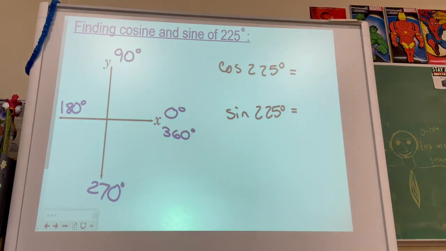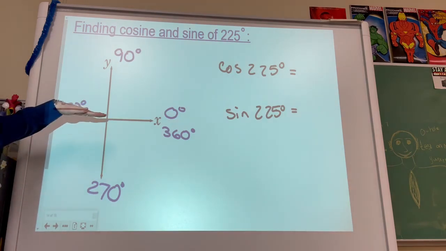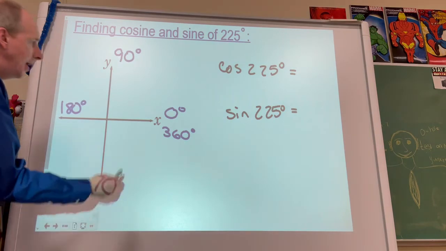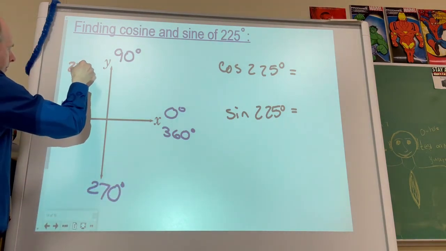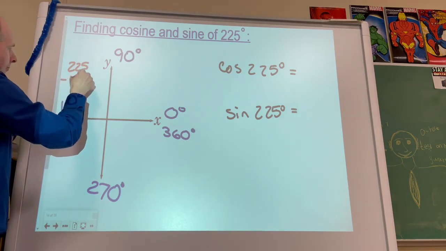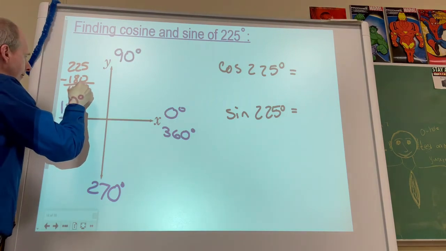So which quadrant is that 225 going to be in? Well, yeah, it's going to be in between here. The question is, how far from 180 is it? So if I took my 225, and I subtract off my 180, what's my reference angle? Put in your calculator, 225 minus 180, it's 45 degrees.